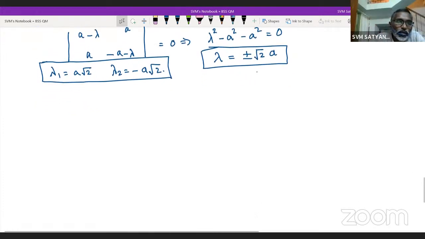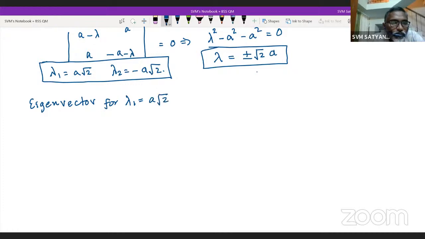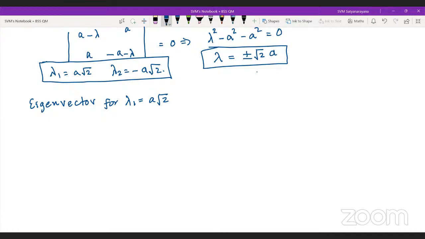So now let's say that you want to find eigenvectors. Can someone try and tell me what the eigenvectors are? Is it A times |1> plus |2> and A times |1> minus |2>?